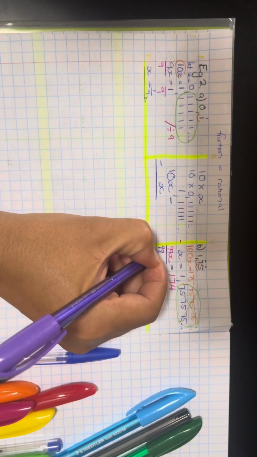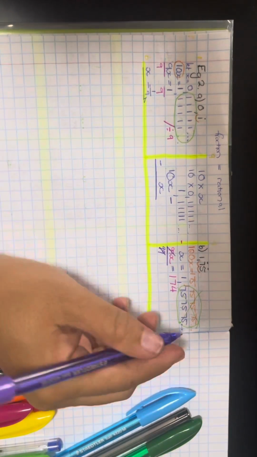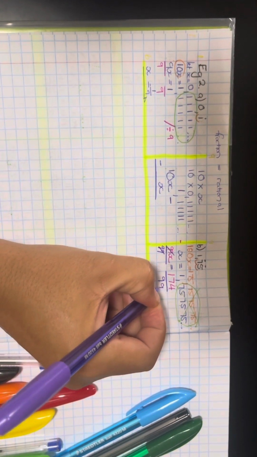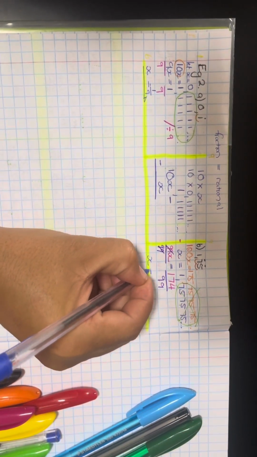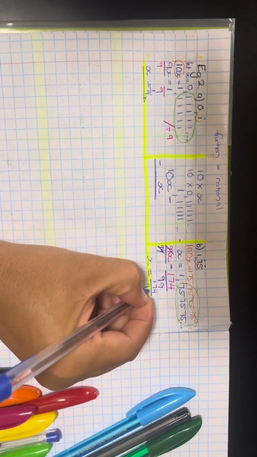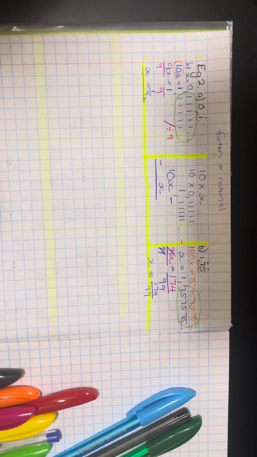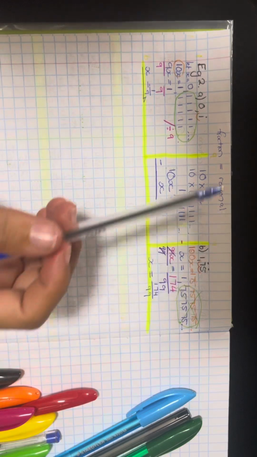Divide by 99. 99 over 99 is 1. That's what I want. What I do on the left-hand side, I do on the right-hand side. Divide by 99. So that means my answer is x is equal to 174 over 99.